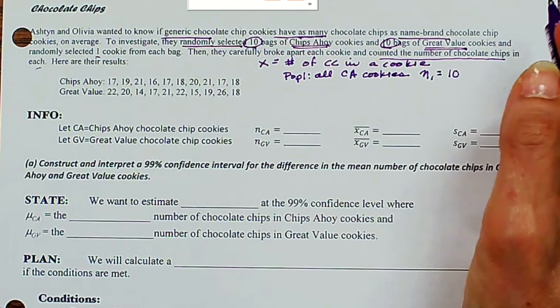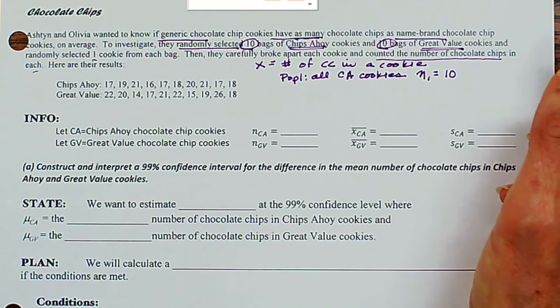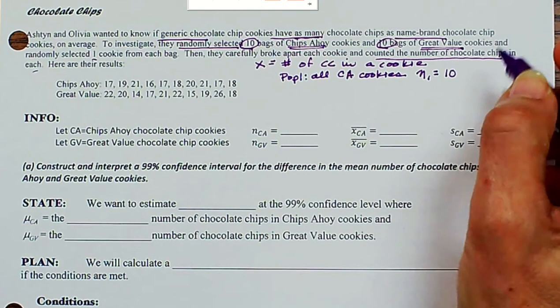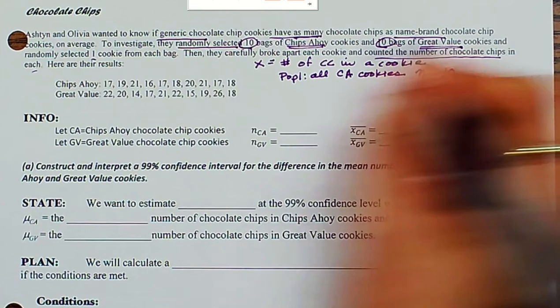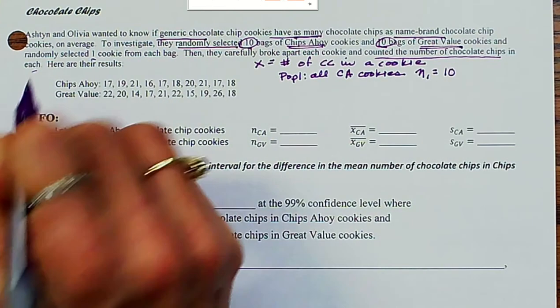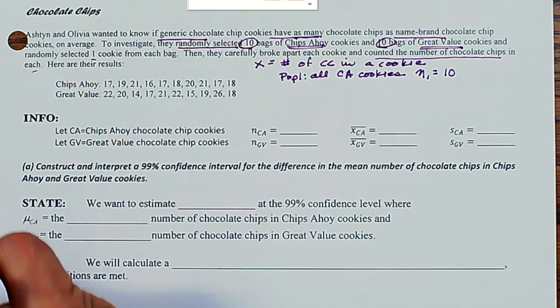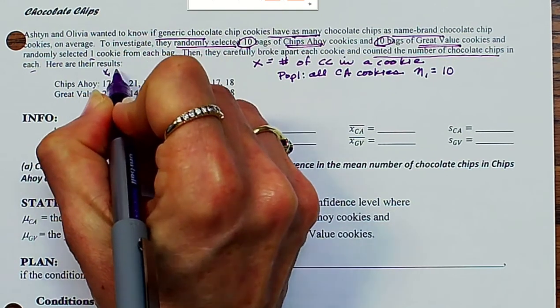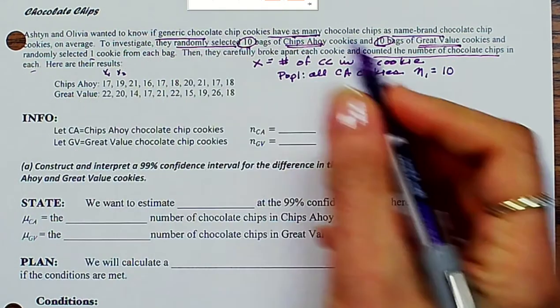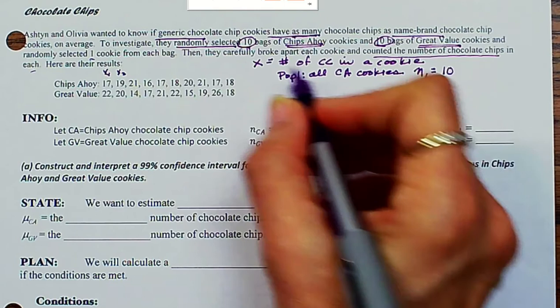So we had 10 cookies, one from each bag selected. And this is my data for those. So this would be x1, this is x2 from each cookie.